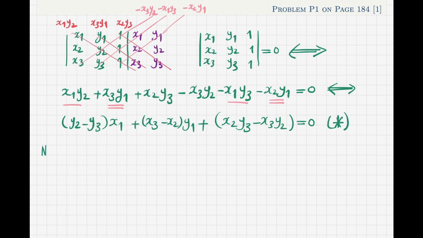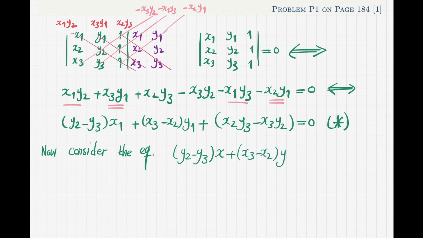So now consider the equation y2 minus y3, but instead of x1 I put x, plus x3 minus x2, I put y, and then I have x2 y3 minus x3 y2 equals 0. So consider this equation.